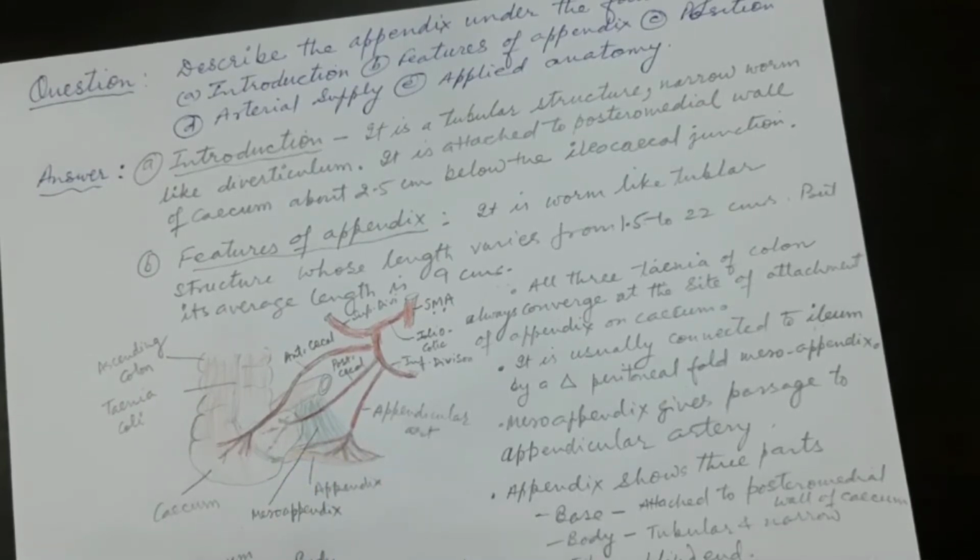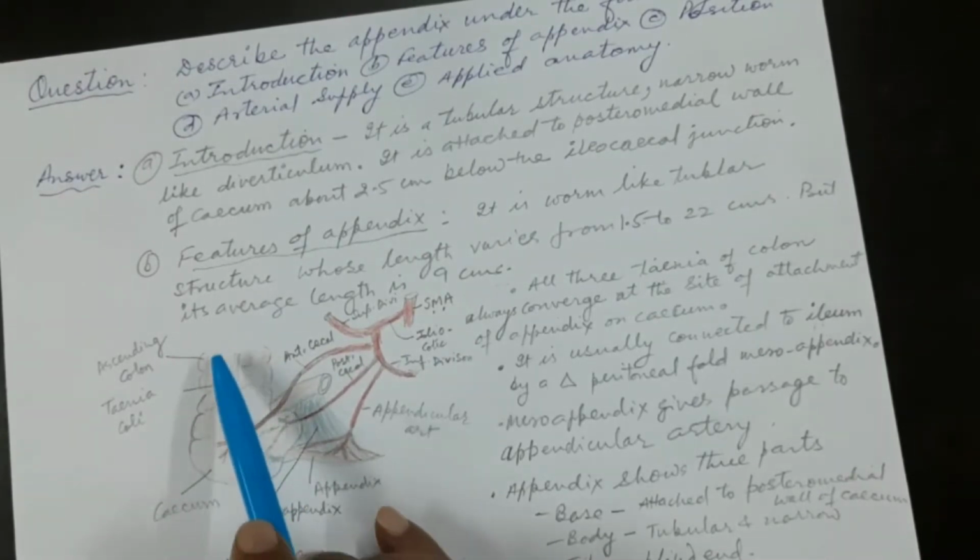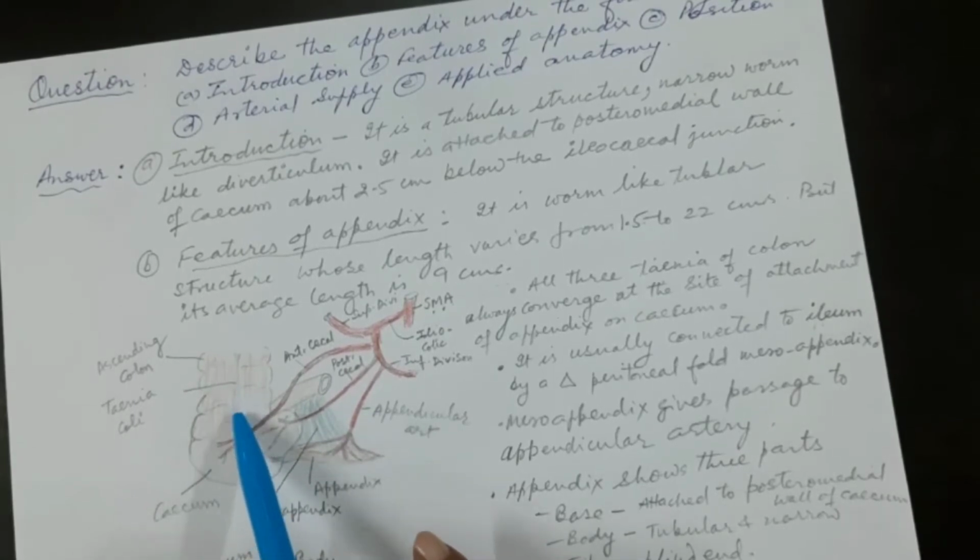Now at the base of the appendix, where it is attached to the cecum on its posterior wall, all three tinea of the colon, called tinea coli, are seen. See this vertical band of muscle in the cecum and in the appendix.